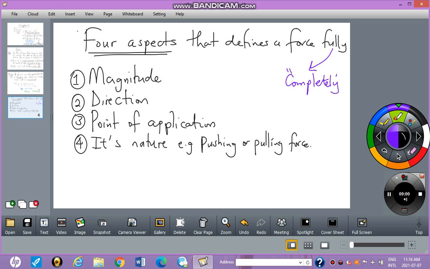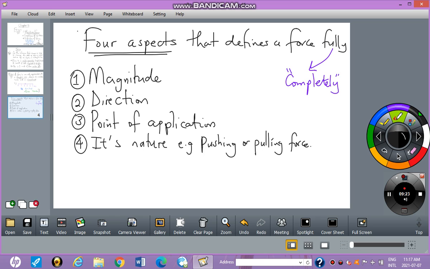That means if you know someone in and out, you know what the person likes, what the person doesn't like, where this person will mostly hang, what type of sport he watches, and what kind of car he drives, you know the person fully. So now we are saying we also know the force fully. For me to know the force fully, I need to know all these 4 points.